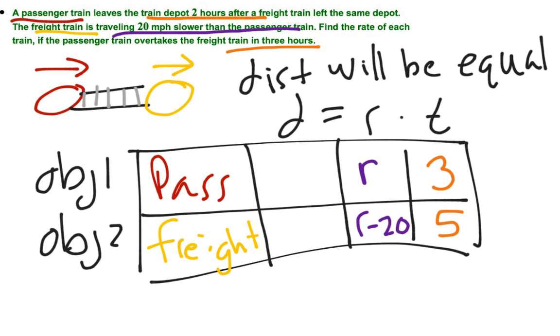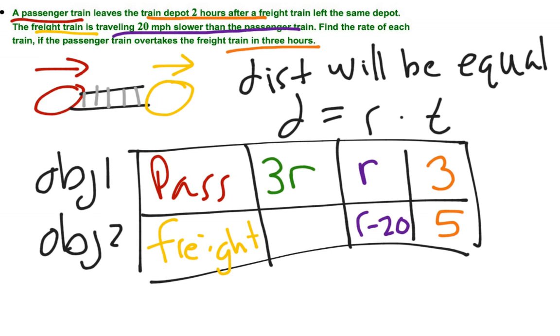Now we can use our equation, distance equals rate times time, to fill in our distance box. So our rate is r, and our time is 3. So rate times time is 3r.